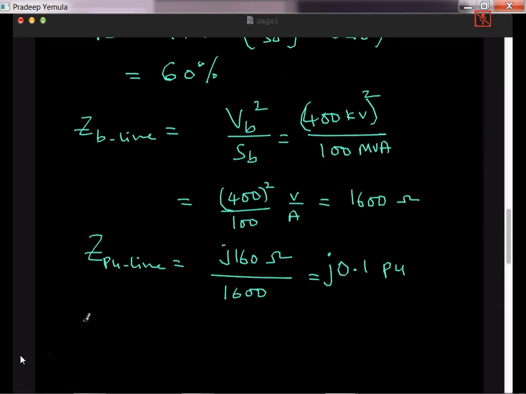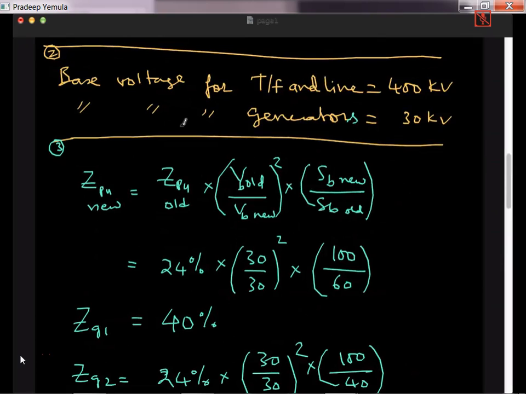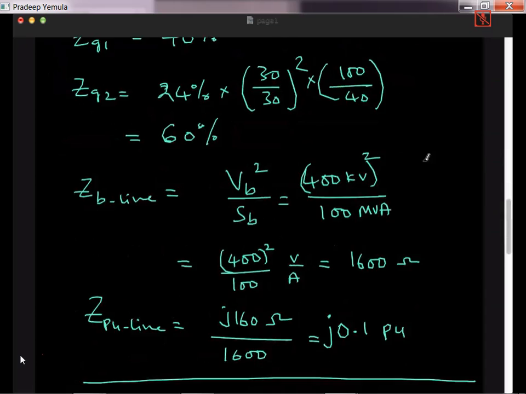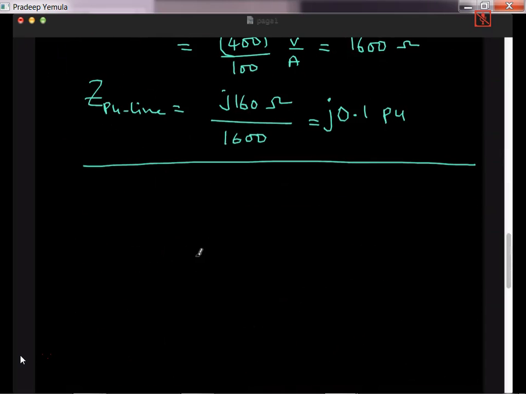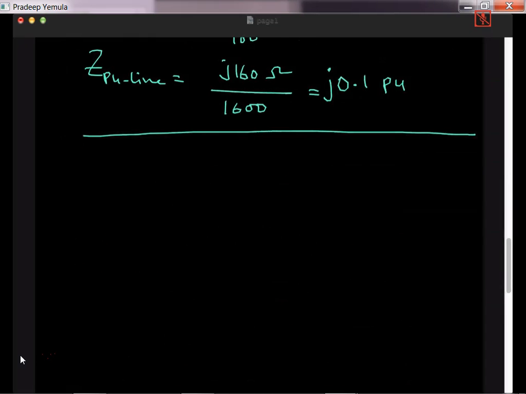So now I have done all the per unit calculations. This step is basically conversion to system base. Now I once again draw the diagram, but this time the reactance diagram.